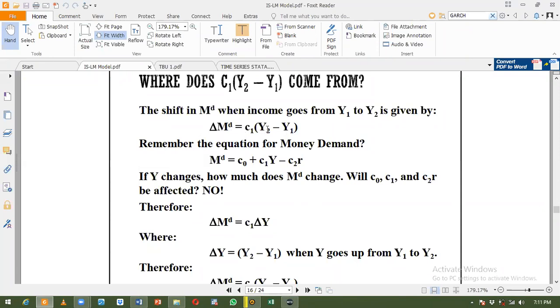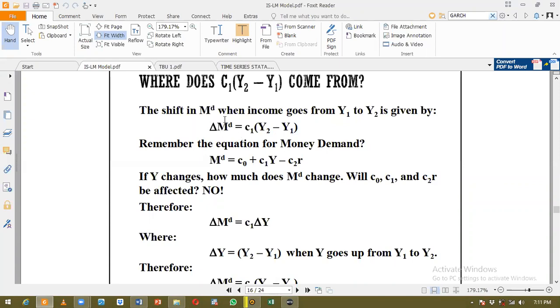If Y should change, the effect on money demand will depend on the value of the C1. So the change in money demand is equal to the C1 times the change in Y. The change in Y is Y2 minus Y1. So if the change in Y is say 4 and the C1 is 10, it means that as income is increasing by 4, money demand will increase by 40.